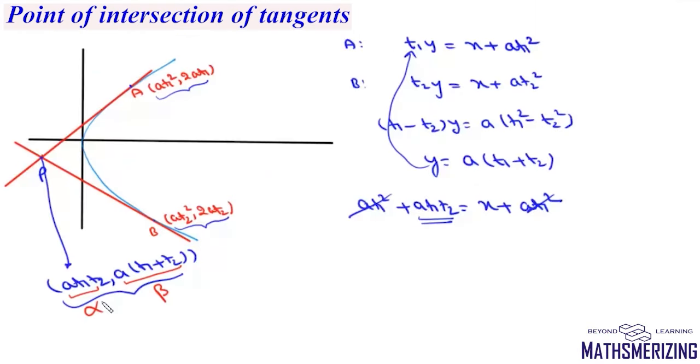Now one very common problem that is generally asked in parabolas is, suppose we have 3 points on parabola. Suppose we have A, B, and another point which is C. Suppose that's your point C and it is given by (a t3 square, twice a t3). Now we draw tangent at C also.